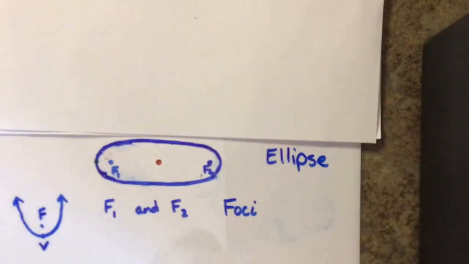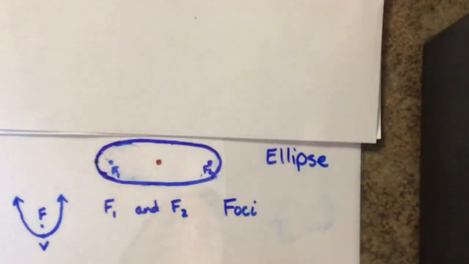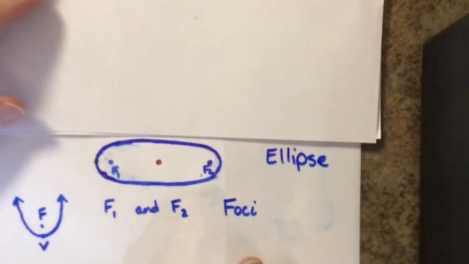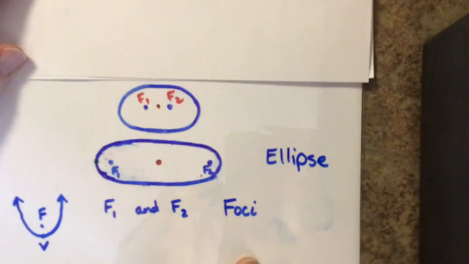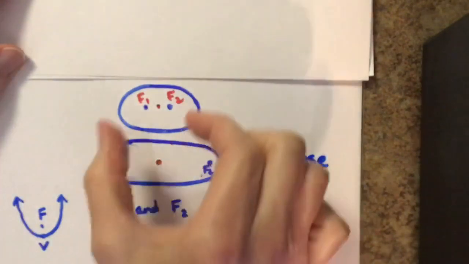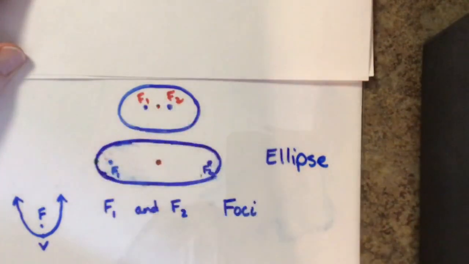All right. Now, here's what happens in an ellipse. This is a pretty long ellipse, okay? The ellipse can get more and more circular. So if you have a less elongated ellipse, your foci are getting closer to the center of the ellipse.